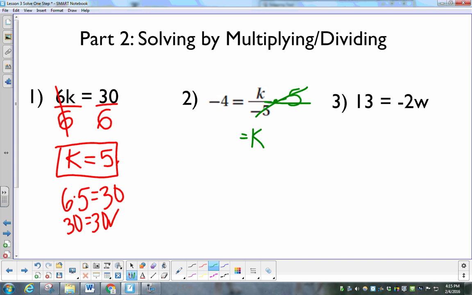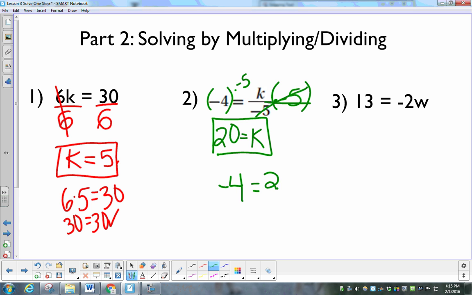Now make sure the other side, since I multiplied by negative 5 here, I have to take this negative 4 and multiply it by negative 5 as well. So negative 4 times negative 5 is positive 20. So k is equal to 20. And you can check that. Just rewrite your equation. Negative 4 equals k over negative 5, with k being 20. And 20 divided by negative 5 is negative 4. So it worked out.